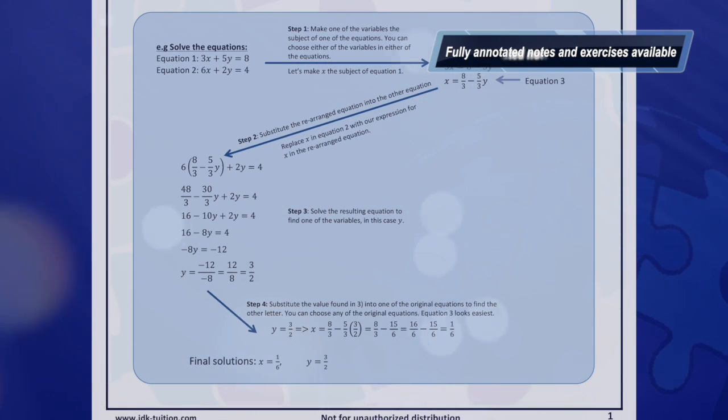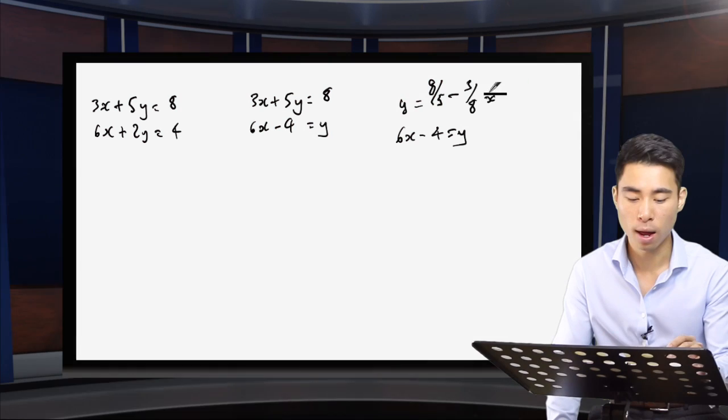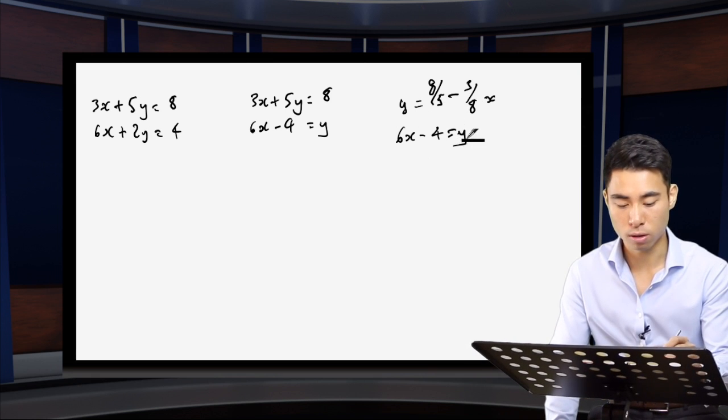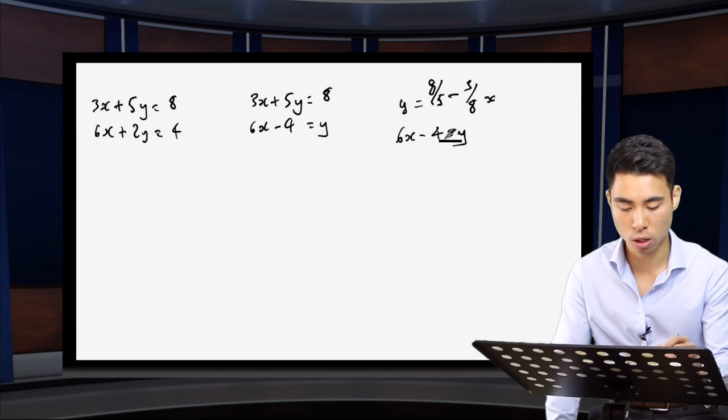And then if we're presented with a set of equations here that look like this, again, you can see that y is the subject of this equation, y is the subject of this equation, and then you're simply going to set one equation equal to the other, i.e. you're going to replace your y in this equation here with the expression that's equivalent to y in this second equation here.